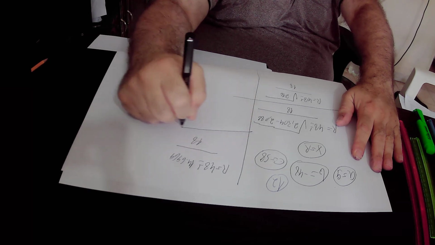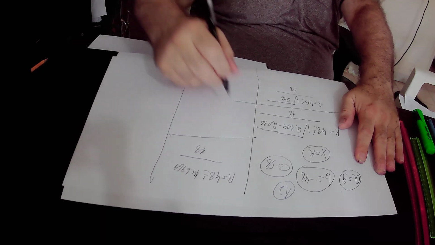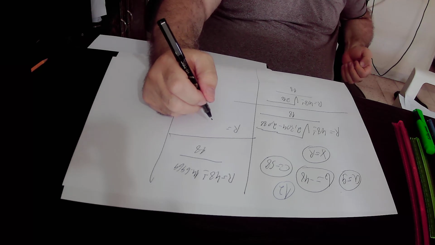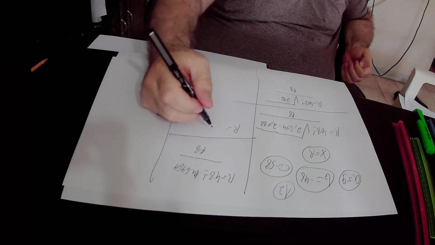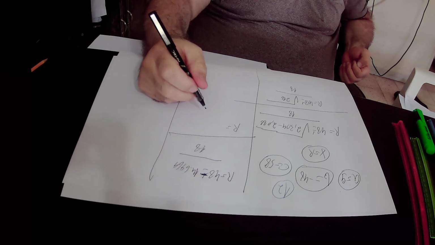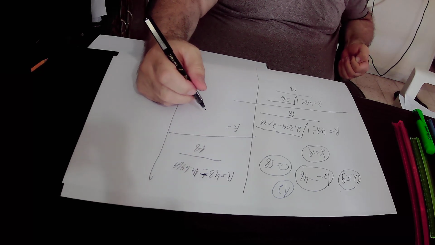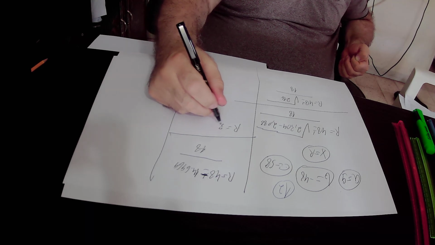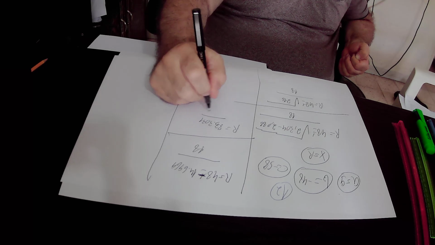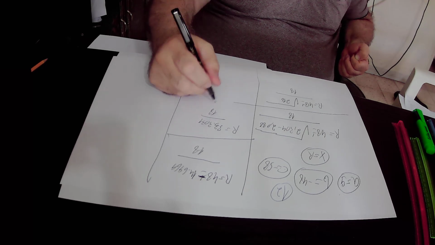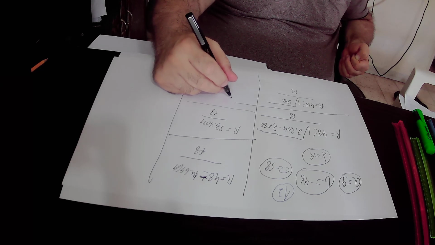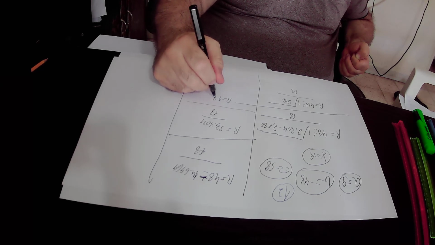So 48 minus 14.6969 is 33.3031 over 18, and that is 1.85.